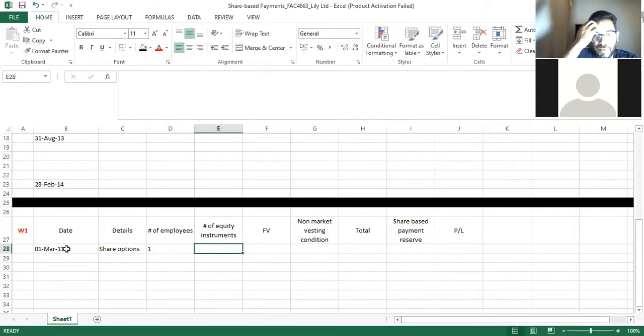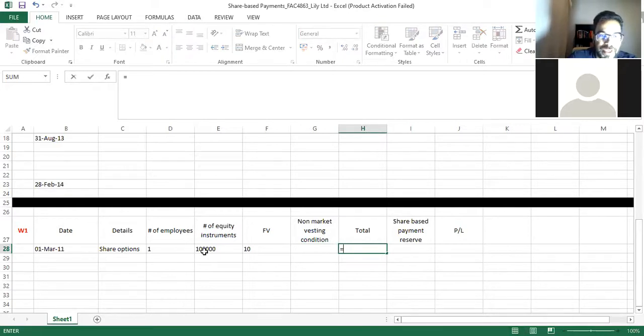The number of equity instruments, the share options, she's getting 30,000. The grant date fair value was 10 Rand. Did she have any vesting conditions, non-market vesting conditions? The answer is no. So there's nothing we'll put in over there. So the total will simply be that multiplied by 10.